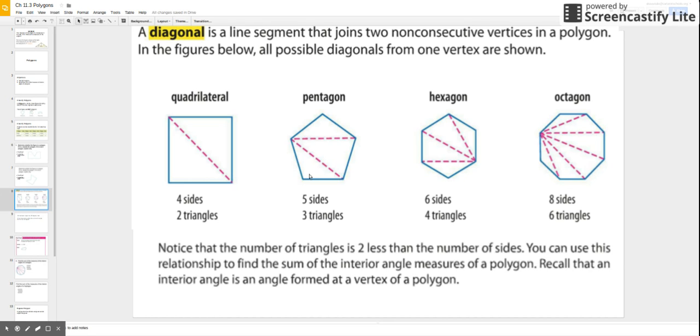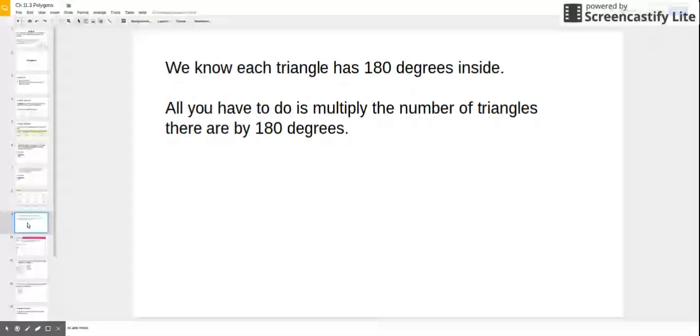Here you would do 3, because there are 3 triangles, times 180 degrees. Here you would do 4, because there are 4 triangles, times 180 degrees. Okay, so again, we know that each triangle has 180 degrees inside. All you have to do is multiply the number of triangles there are by 180 degrees.